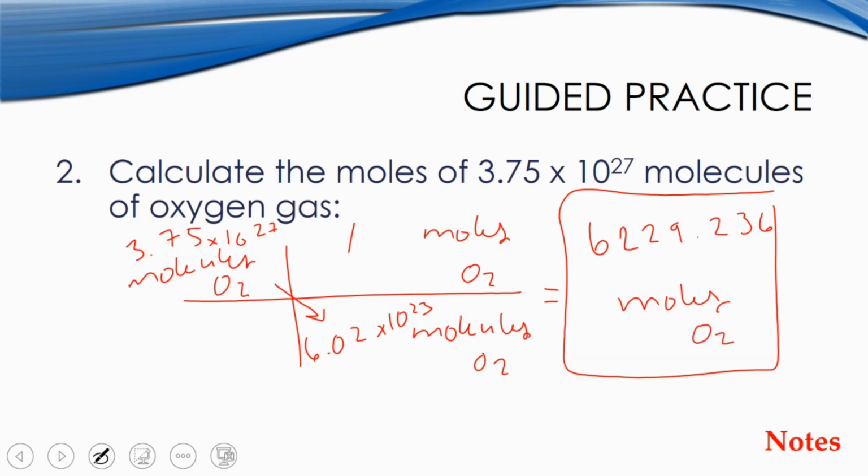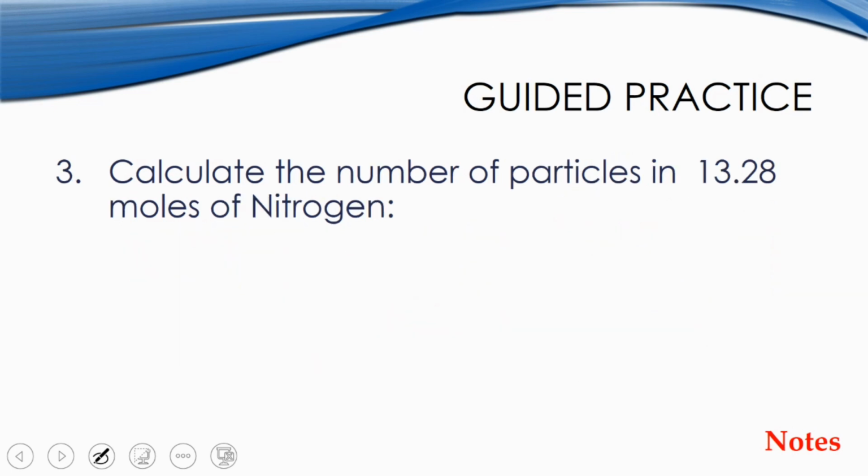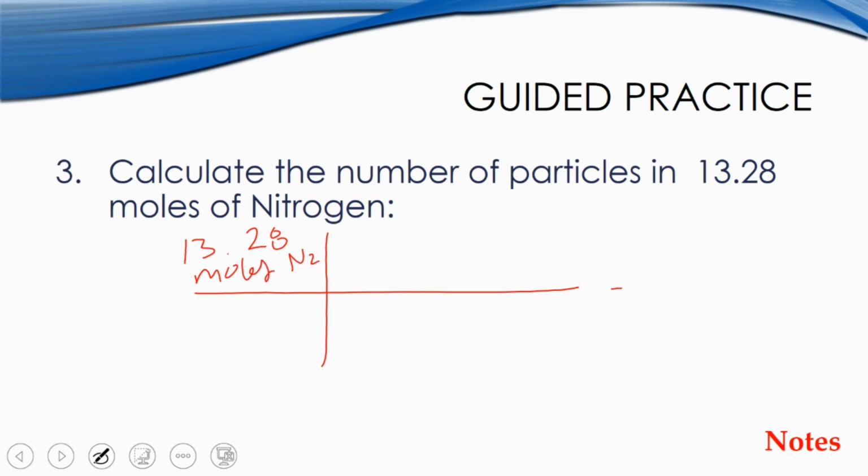Let's look at one more. We are being asked to calculate the number of particles in 13.28 moles of nitrogen. So, dimensional analysis, we are starting with 13.28 moles of nitrogen, also N2, it's a diatomic.